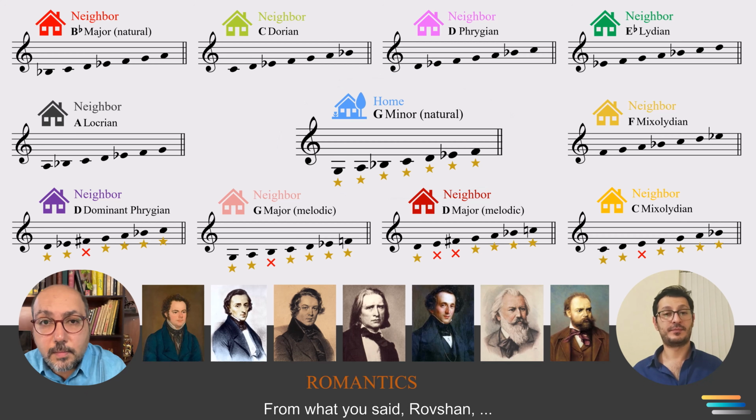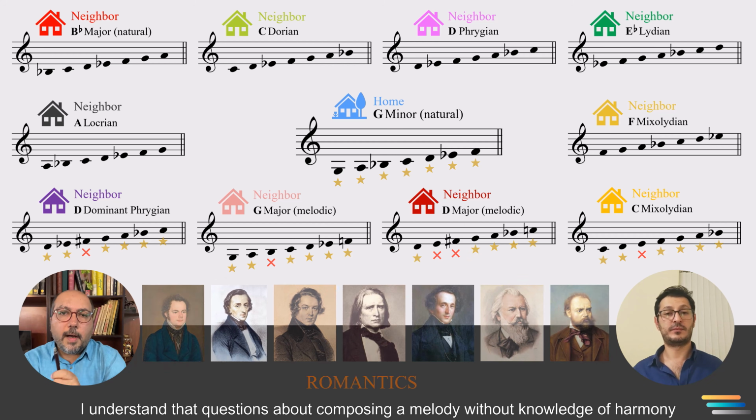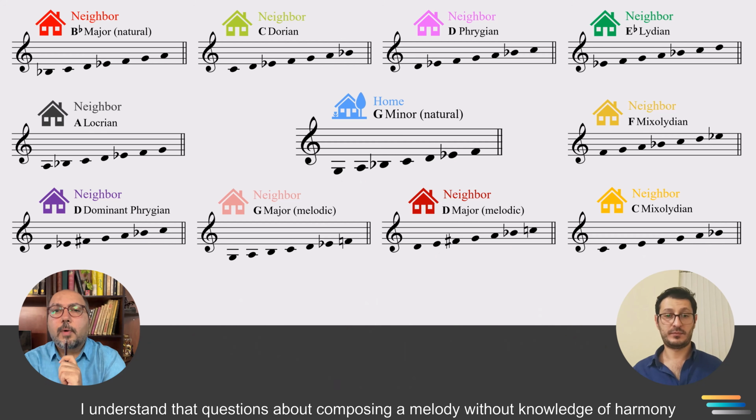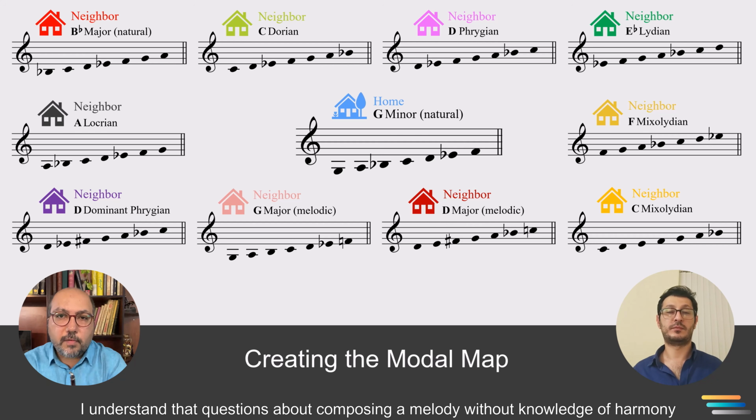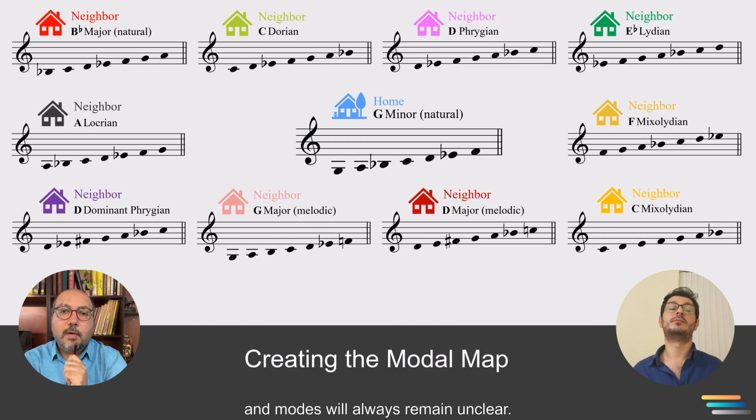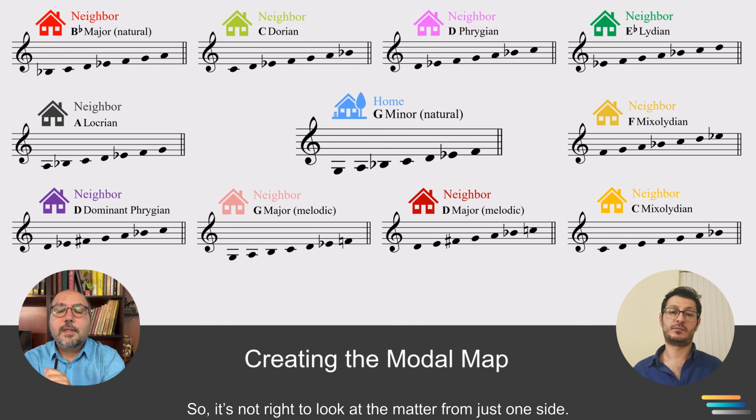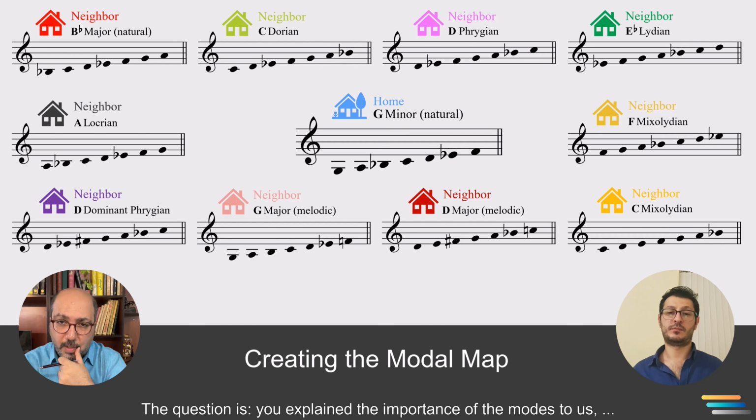From what you said, Roshan, I understand that questions about composing a melody without knowledge of harmony and modes will always remain unclear. So, it's not right to look at the matter from just one side.